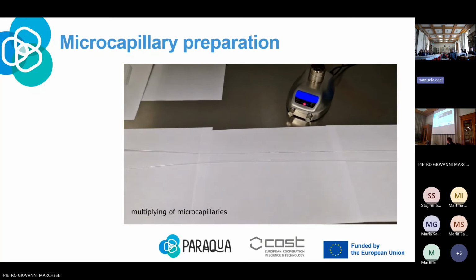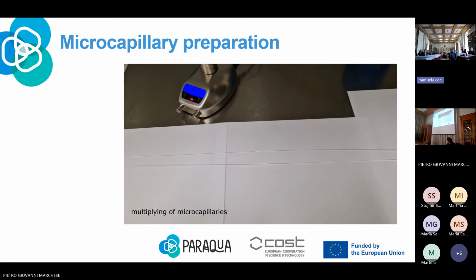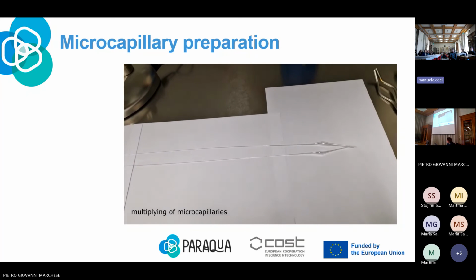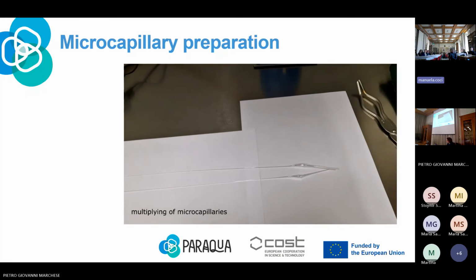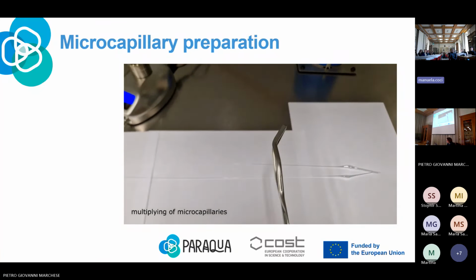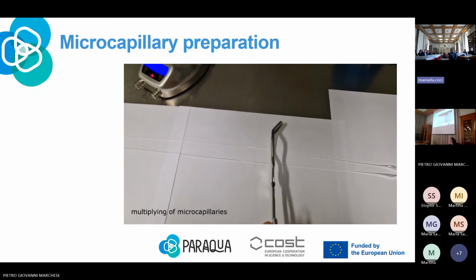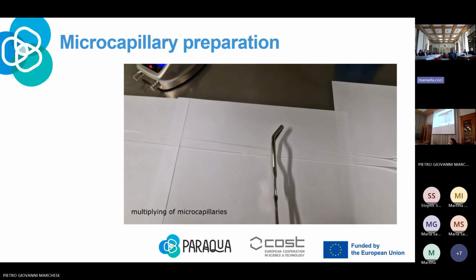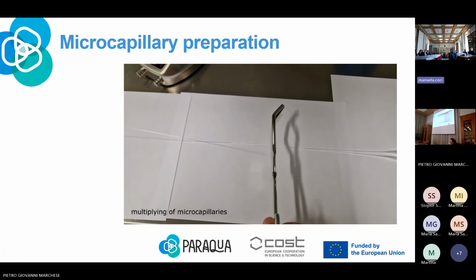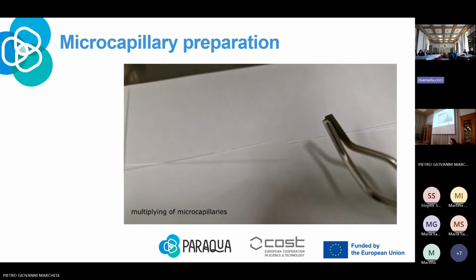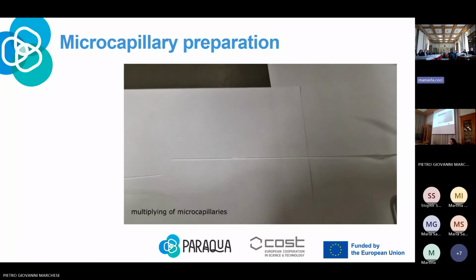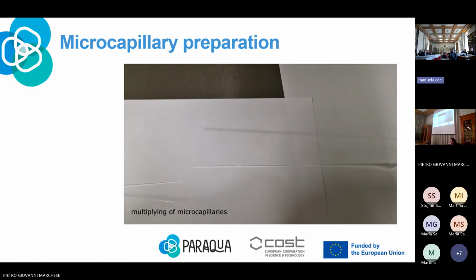So here you can see that we can prepare different sizes, different lengths of microcapillaries, and it's good to be angry because we can easily break the glass in particular parts, and voila, we have several microcapillaries.